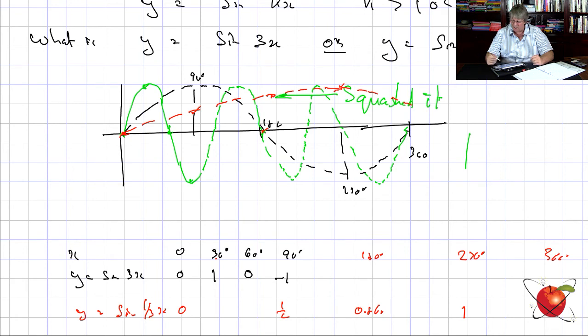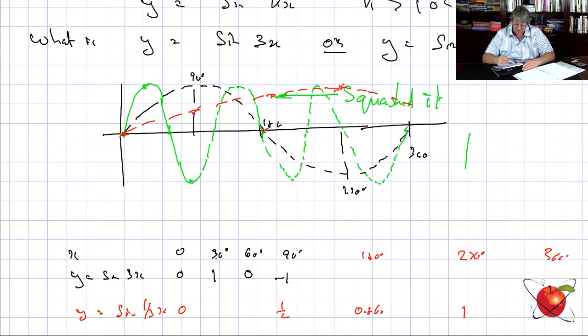We're getting more graphs squished into the same period. So the period of the graph has dropped. The period of this graph was there to there. So the period of this graph is 120 degrees because K was equal to 3.